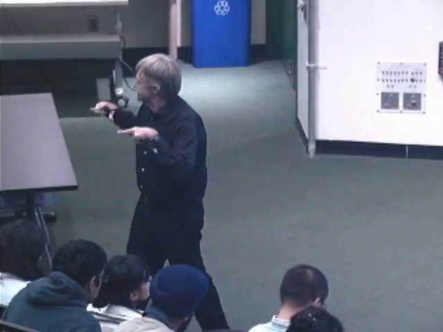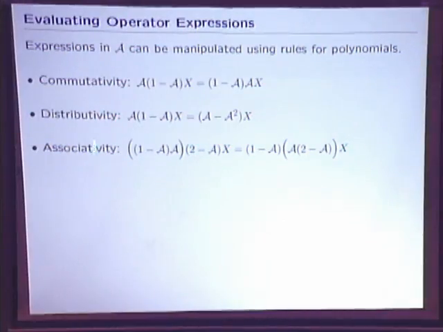And the reason I can say that is that if I think through all the properties of polynomials, I can draw an isomorphism between the way the system would have behaved and the way the polynomial would have behaved. In particular, here are 3 statements that have to be true if the operator expressions were supposed to behave like polynomials. Polynomials in A should commute.